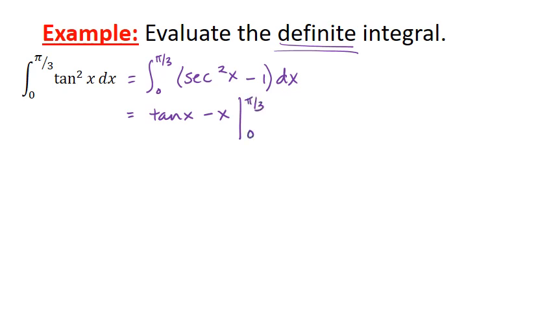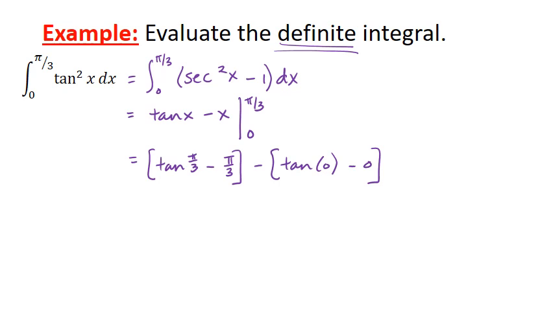We no longer need the plus c because this is a definite integral rather than an indefinite integral. So plugging in the upper limit first, I have tangent of pi over 3 minus pi over 3 minus the quantity tangent of 0 minus 0.